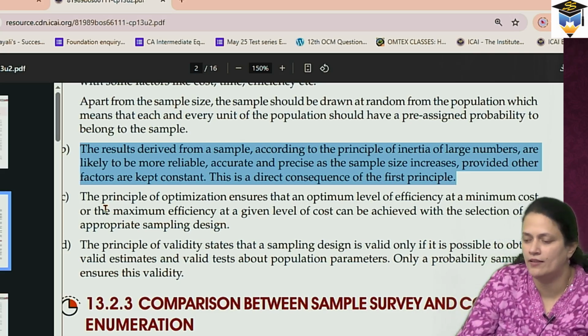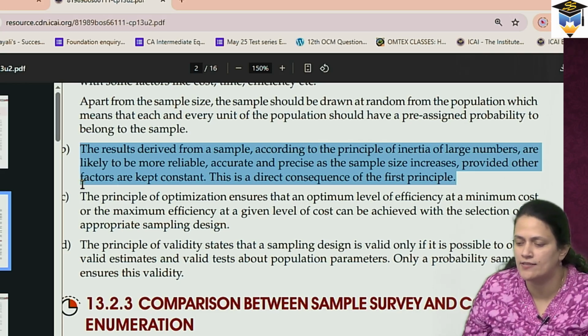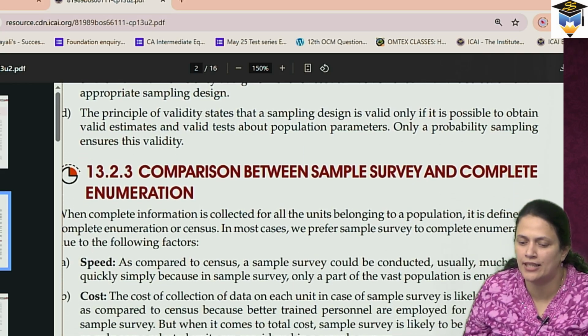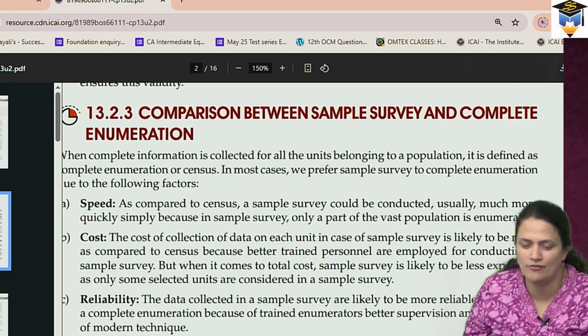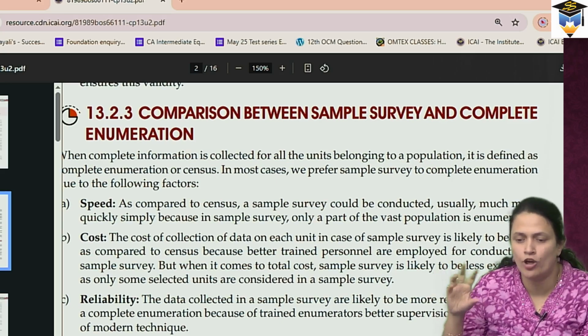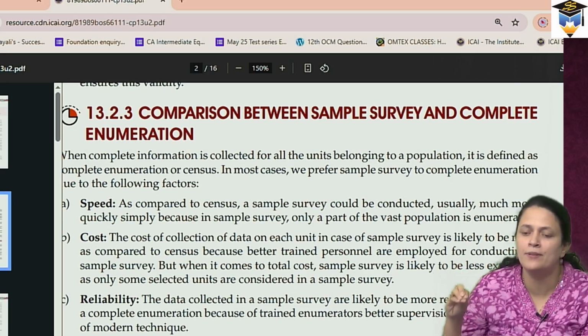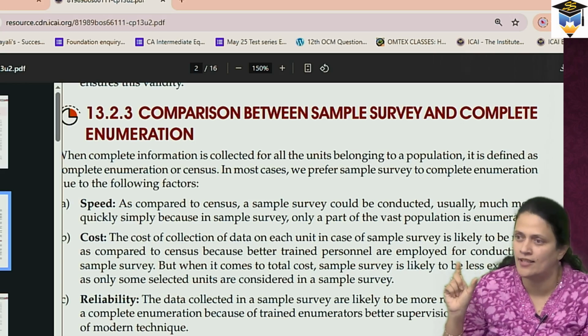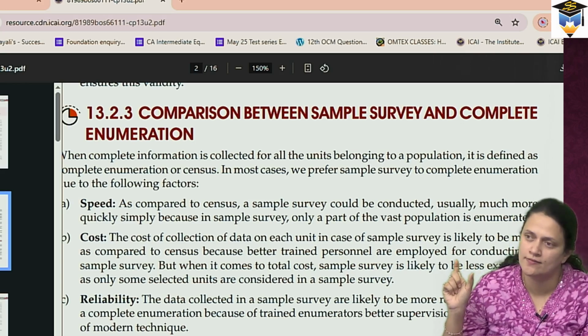Comparison between the sample size and complete enumeration. We'll just go through. When complete information is collected for all units, it is defined as a complete enumeration or census. Have you heard the word census? What is census? Have you heard? What is that?